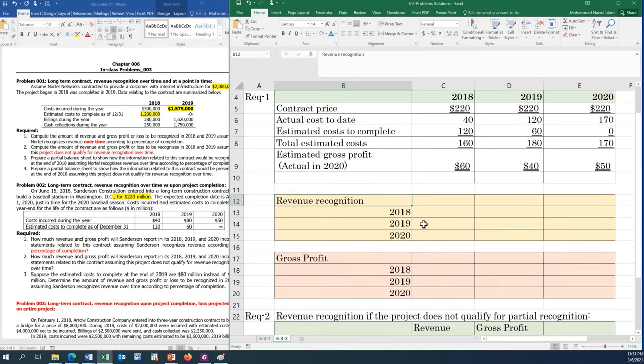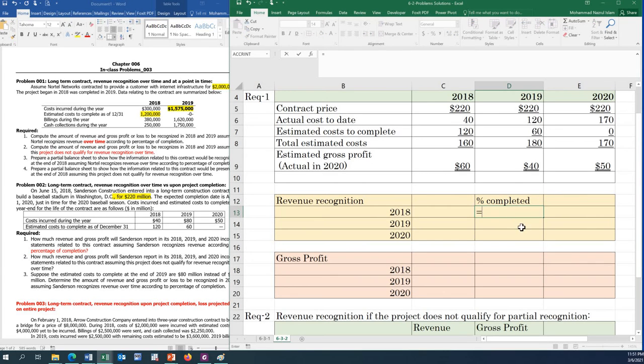Now we go to the revenue recognition in 2018. The first one is the percentage completed.